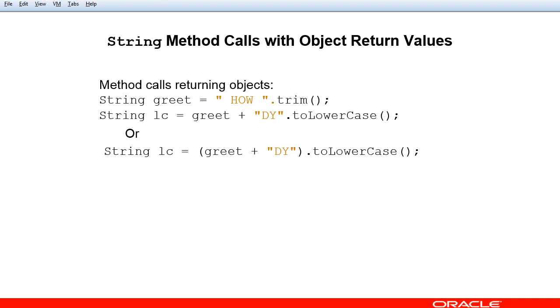But there's a better way to do it because we want the entire word to be in lowercase letters. Note the alternative version that uses parentheses around the two strings, greet and dy, to concatenate the letters, and then convert the case by using dot toLowercase. lc now references an object containing howdy all in lowercase letters.